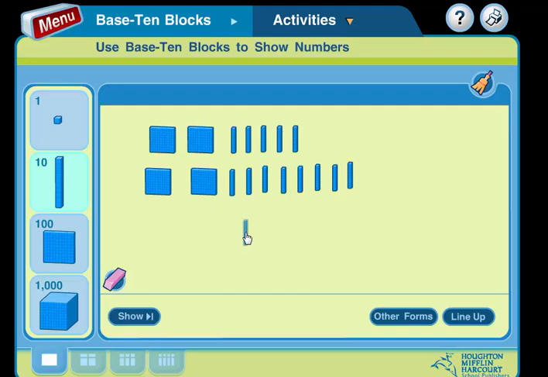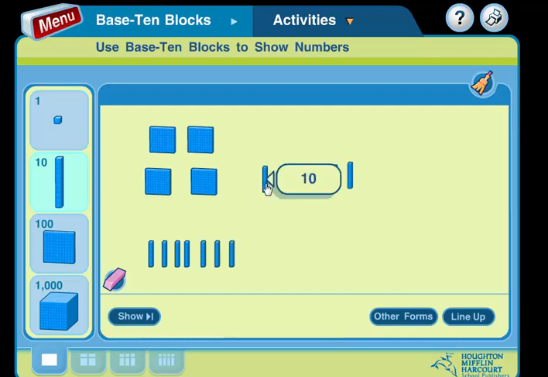But we're going to end up having to regroup because we have more than 10 tenths. So if we take 10 of these, 1, 2, 3, 4, 5, 6, 7, 8, 9, 10, I can exchange these 10 tenths for 1 whole one.